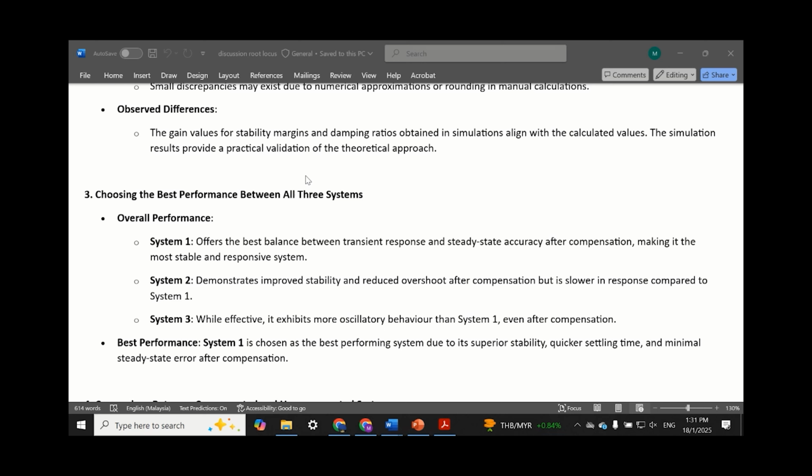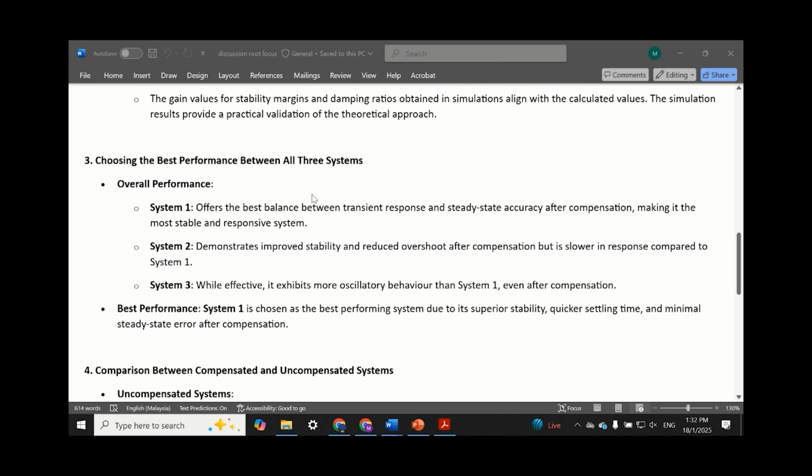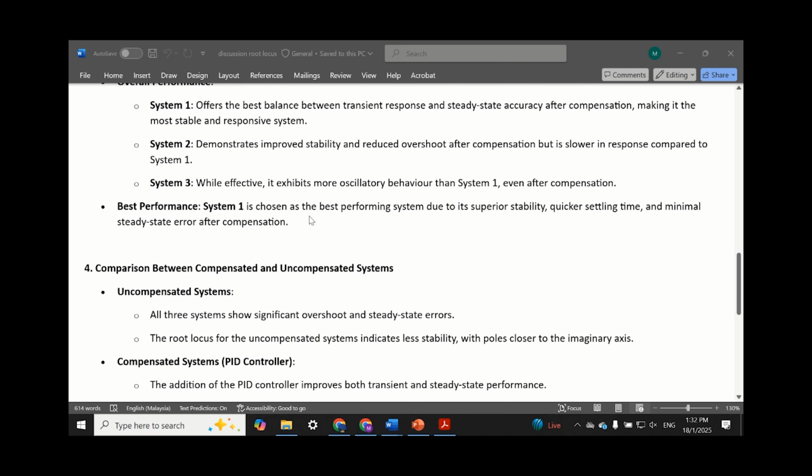System 3, while effective, exhibits more oscillatory behavior than System 1, even after compensation. So the best performance goes to System 1 due to its superior stability, quicker settling time, and minimal steady-state error after compensation.